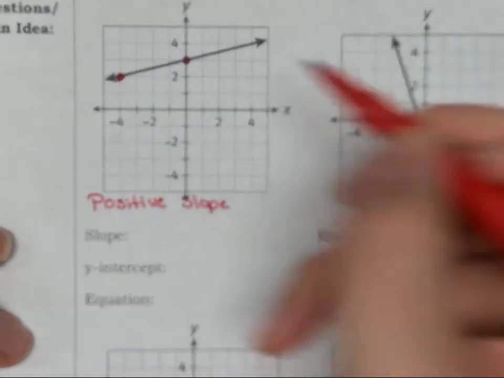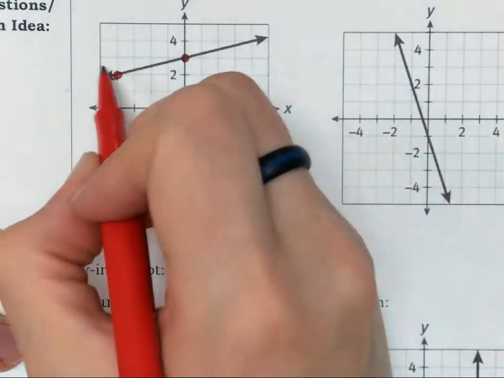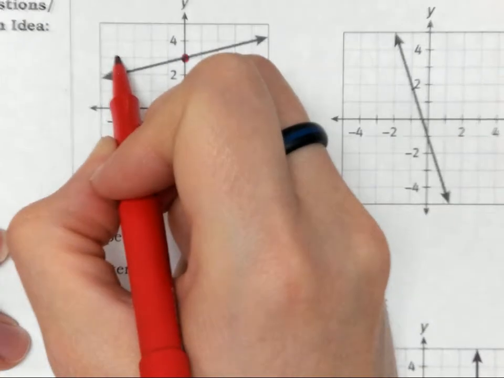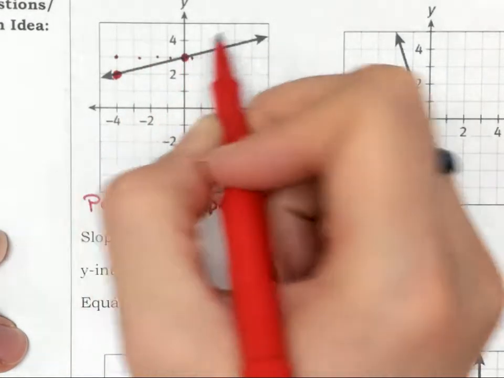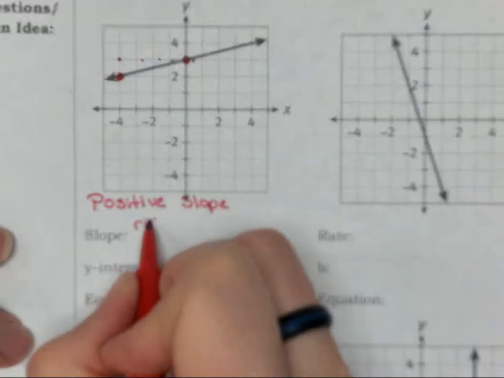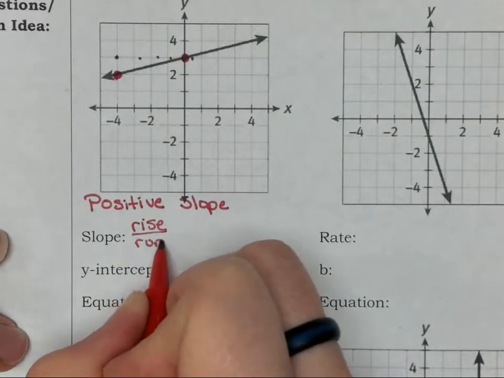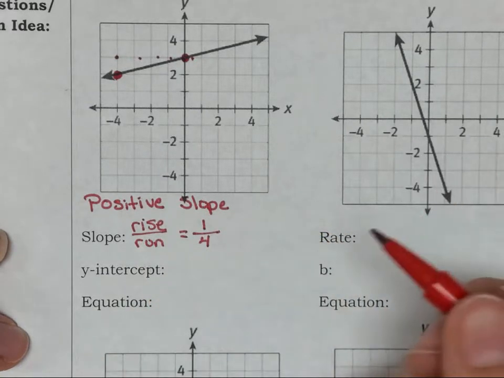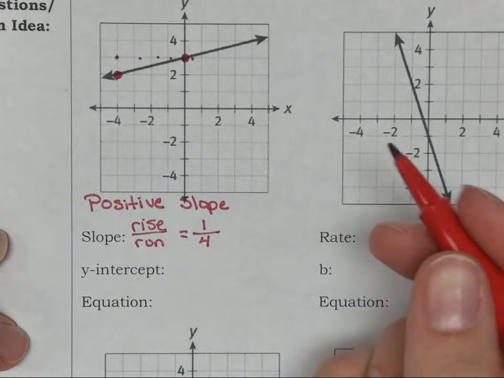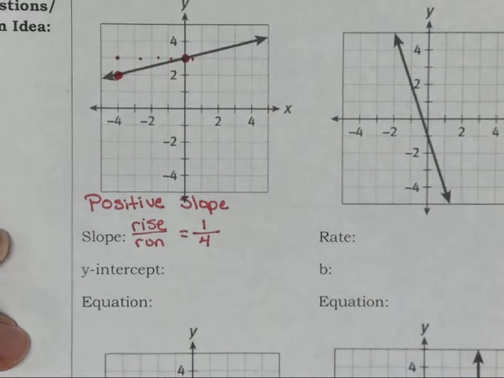And if I plot those points and I count rise over run, I'm going to rise 1, run 1, 2, 3, 4. So my slope is rise over run. I'm going to rise 1, run 4.